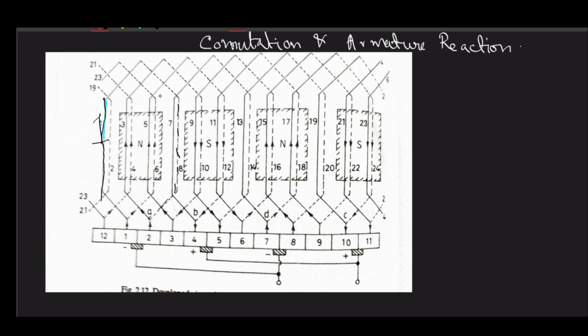What is most important for us at this moment is to understand that coil 1 is connected with this, right? And what about the other? This end is connected with this.